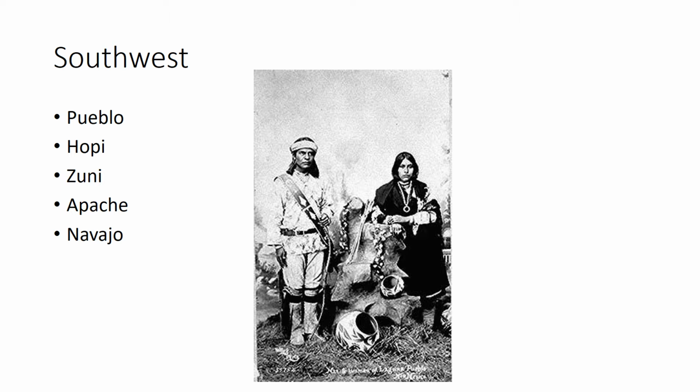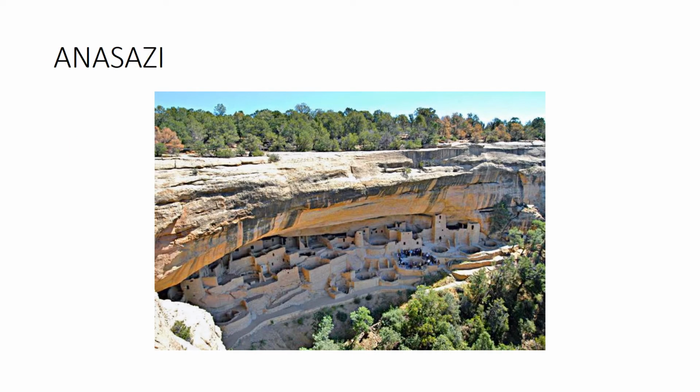In the Southwest, there was a place in what is now Mesa Verde State Park, and here's a picture of what I'm talking about there at the park. It's in the place that's today known as the Four Corners. It's where the states of Utah, Colorado, Arizona, and New Mexico all meet.